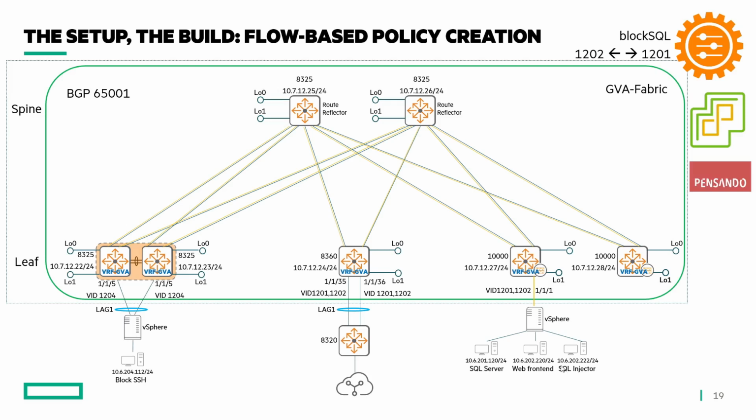And on the right side, I have an SQL injector. That's the culprit here, the bad boy, on IP address 202.222. And this SQL injector injects SQL queries into the SQL server.